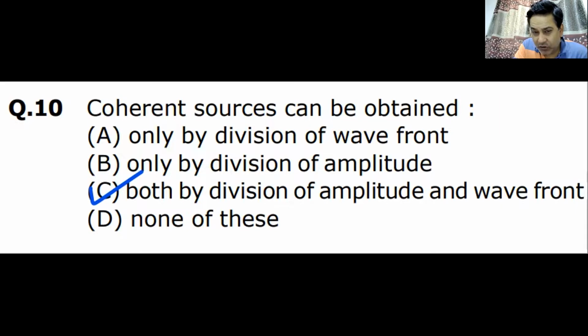What is the example of division by amplitude? You can write this: interference in thin films. When you see interference in thin films, that is an example of division by amplitude. You write interference in thin films. Can you write it down?